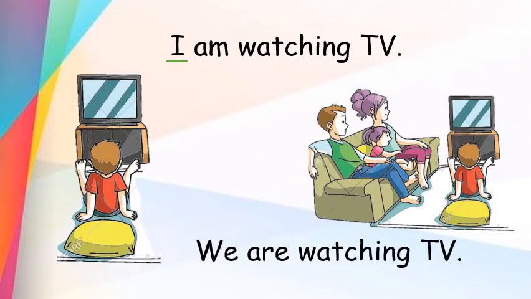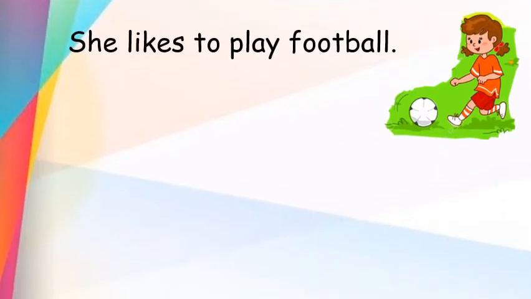So here I am changes to we are. We know that subject and verb must agree with each other. Same way, the pronoun and verb too must agree when changing from singular to plural. Like nouns, pronouns also change from singular to plural.